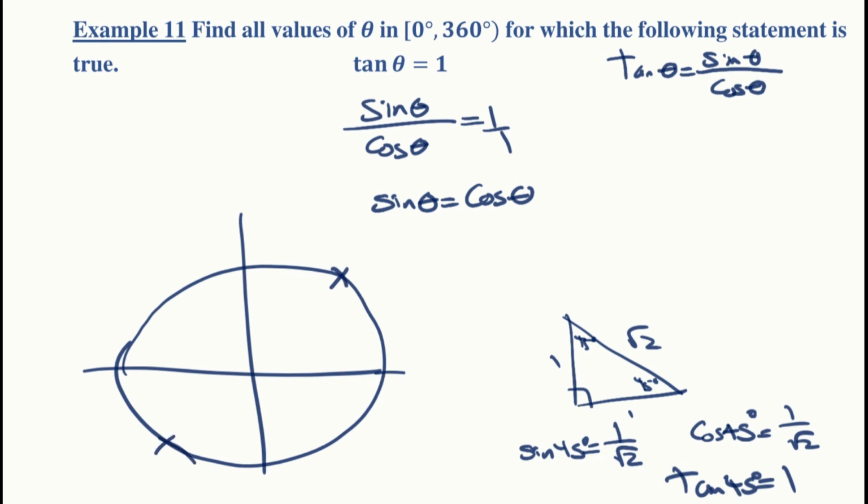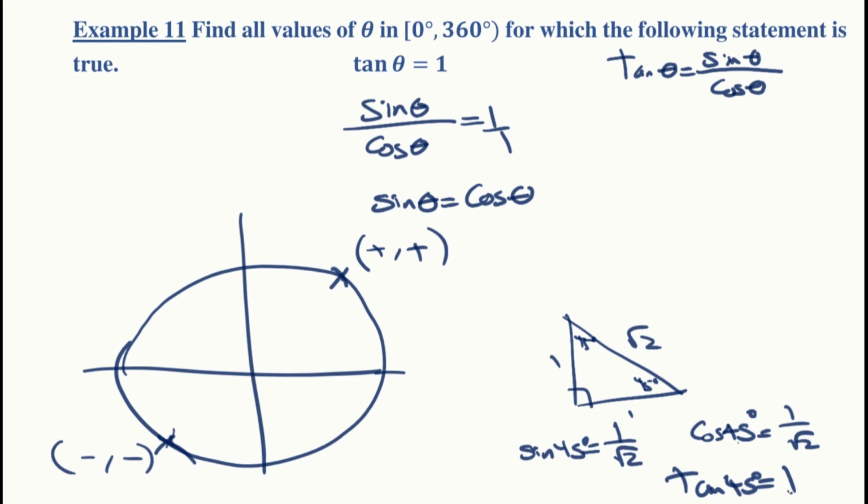One is there and one is there. Here, because both the x and y are positive, right? And here, because they're both negative. So in both of those locations, we would end up with a positive tangent, and because they're related to 45, the tangent is going to be 1, right?